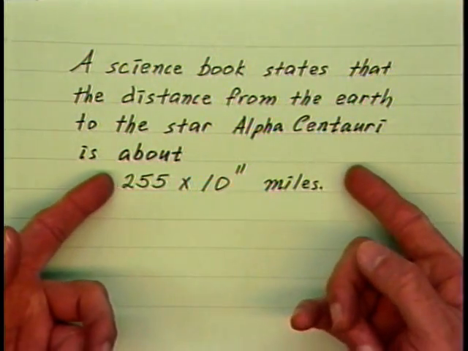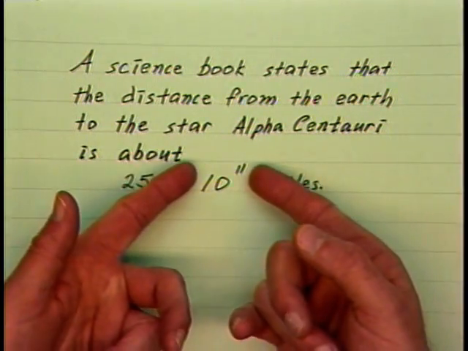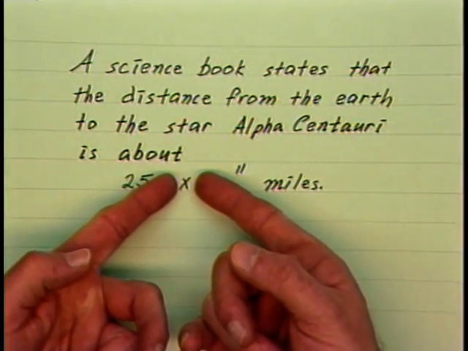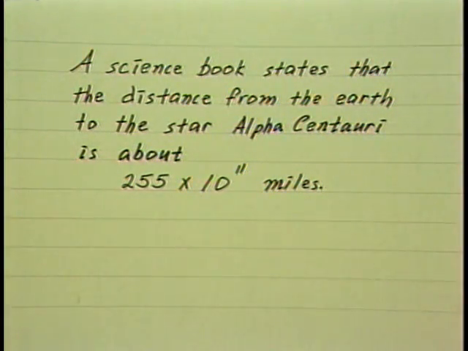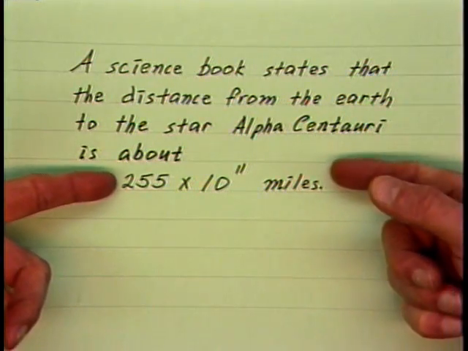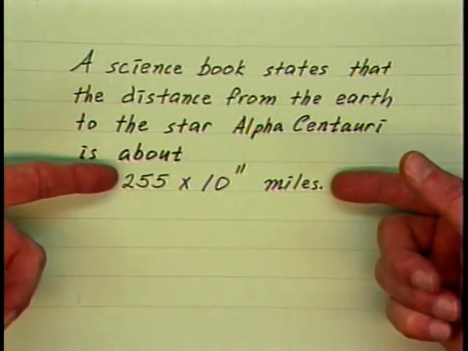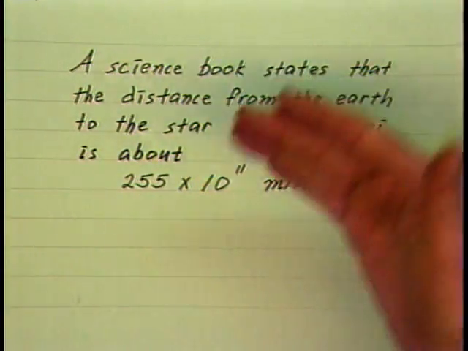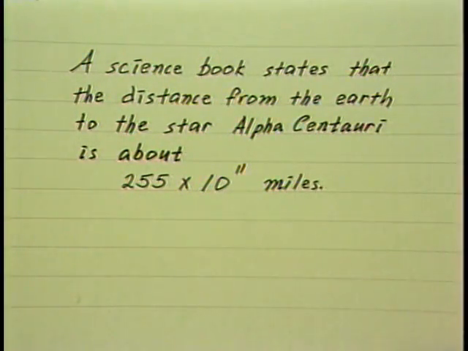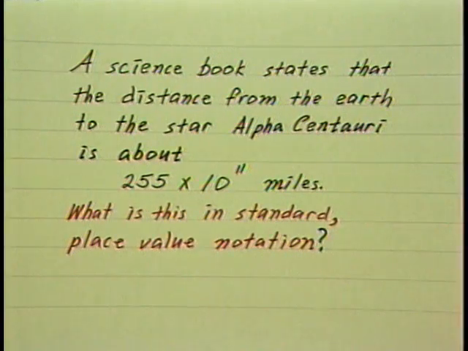Very frequently, a science book will write numbers using powers of 10 and multiplications or divisions instead of writing the number in standard place value notation, which of course to the average person on the street might not mean much. So our task as a translator between the scientist and this man in the street is just what is this number in standard place value notation?